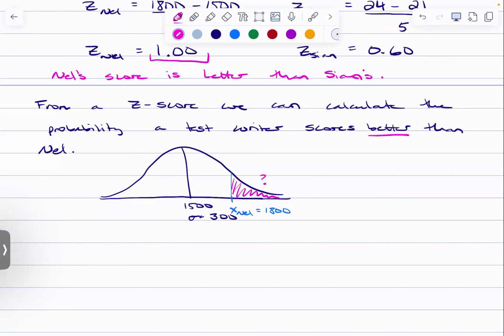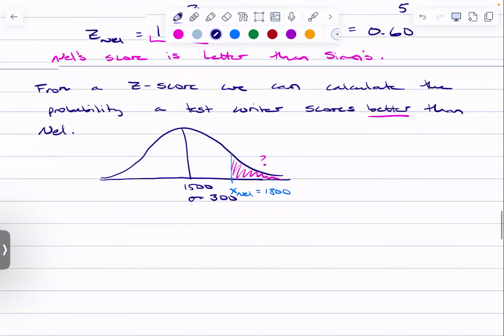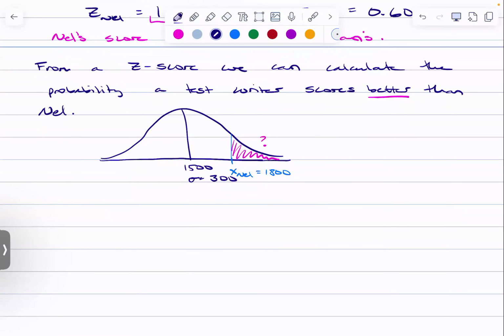Most software, you can specify in Excel if you want the upper tail, but most software, and I'm pretty sure the calculator as well, will give you the area to the left. The Z table, if you've seen the Z table, gives you the area to the left, and your calculator is going to give you the area to the left.